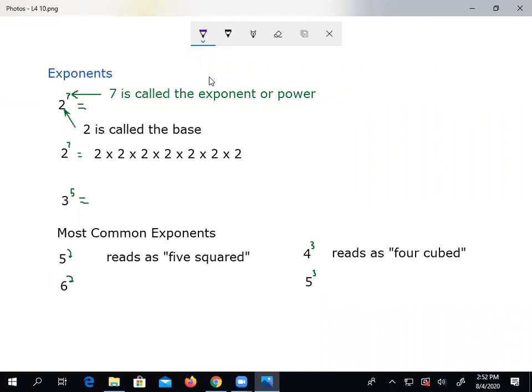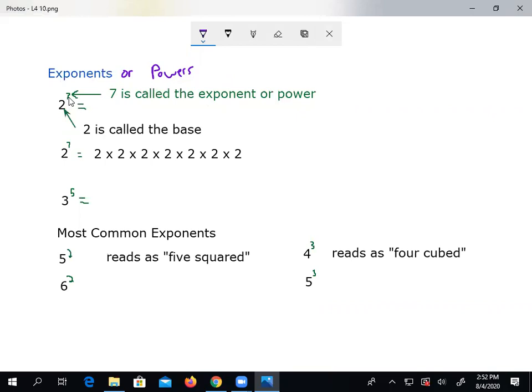So another form of multiplication is going to be what we call exponent math. Sometimes exponents are referred to as powers, exponents or powers. So when you have like 2 raised to the power of 7, that 7 is called the exponent, or again, the power.